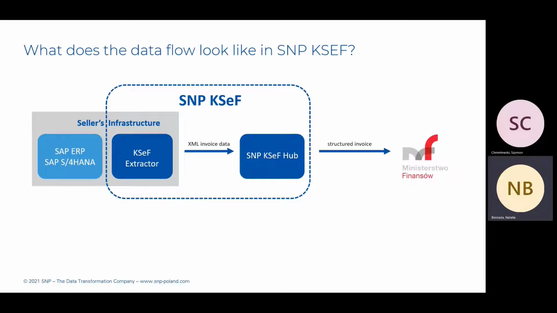The KSeF Hub then retrieves the return message from the KSeF platform, so the document ID assigned by KSeF, or some error message if, for example, there's a validation issue, and forwards it to the SAP system.